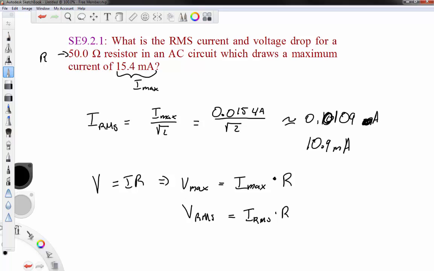Both should give you the same answer. Basically, if you multiply this by 50 ohms, what you end up getting is 0.5447 volts. So that is the RMS voltage for this resistor.